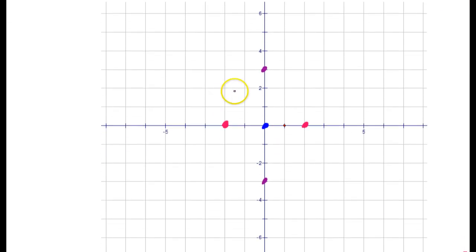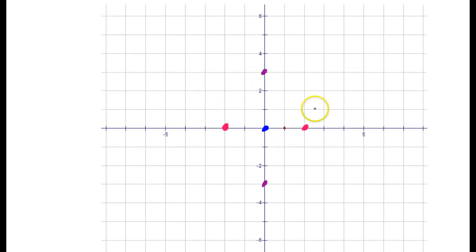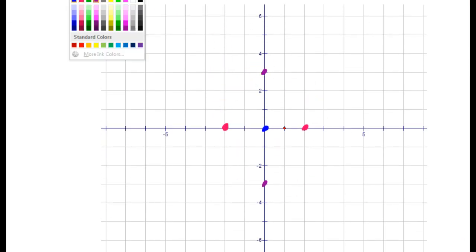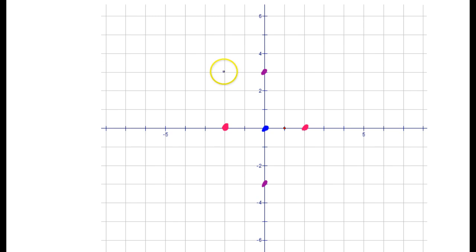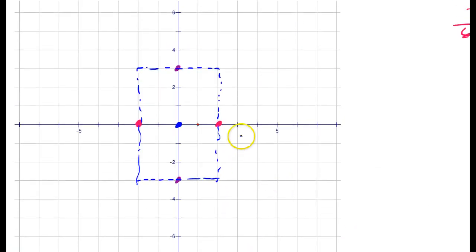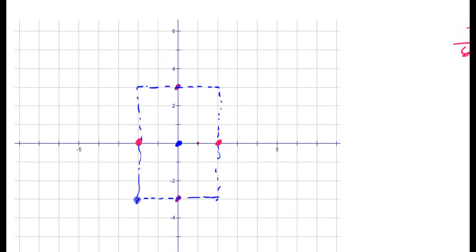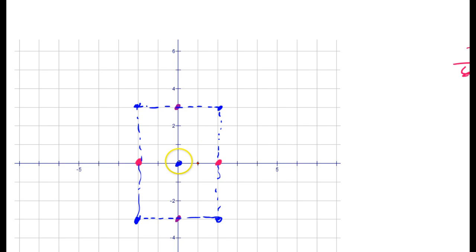All right, let's go ahead and draw the rectangle that contains these vertices, because that will allow us to sketch the asymptote. So draw a rectangle as a dotted line that contains the vertices and the co-vertices. The asymptotes of the hyperbola will go through the diagonals of the rectangle. So I will have one asymptote that goes like this.